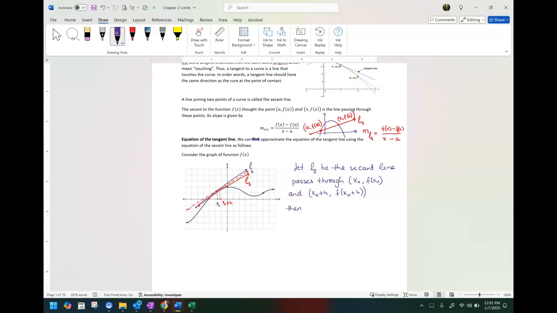Then as h approaches 0, x naught plus h approaches x naught. This means the secant line approaches the tangent line. Now it does not become the tangent line, it becomes an approximation of the tangent line.